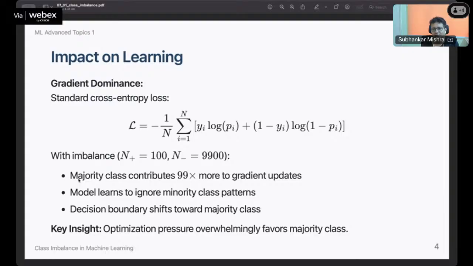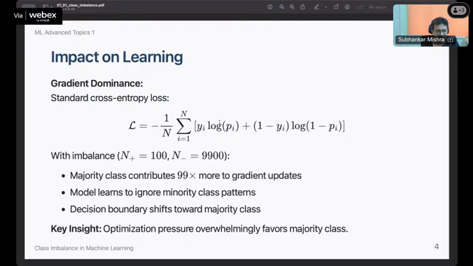Now the standard cross entropy loss looks like this, and if we have an imbalance of, let's say, 100 to 9,900, then the majority class will contribute basically 99 times the gradient updates, right?